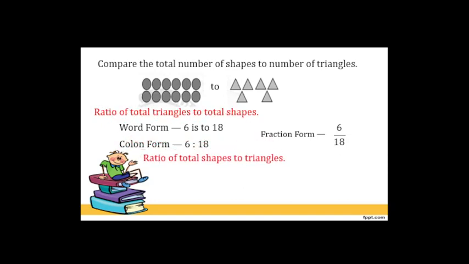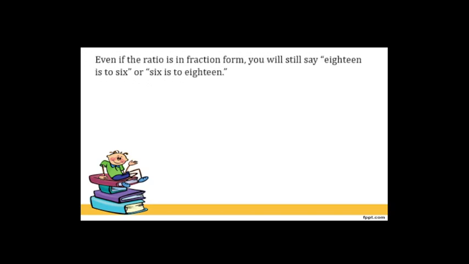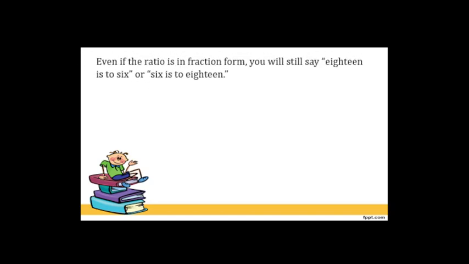And for shapes to triangles, we have 18 is to 6 in word form, 18 is to 6 in column form, and 18 over 6 in fraction form. Even if the ratio is in fraction form, you will still say 18 is to 6 or 6 is to 18.